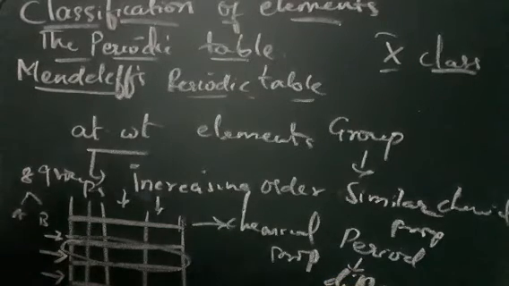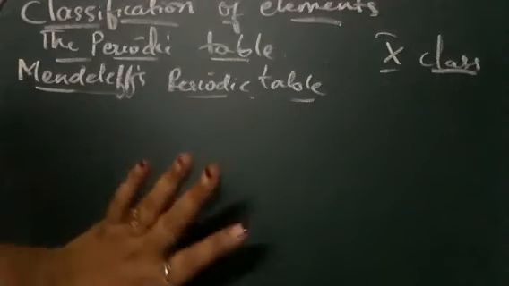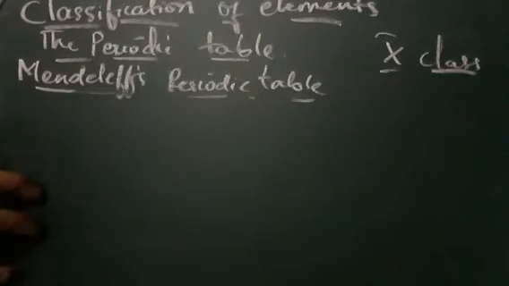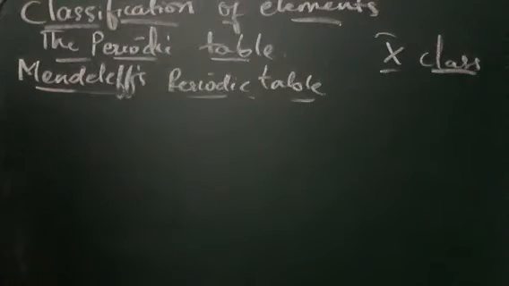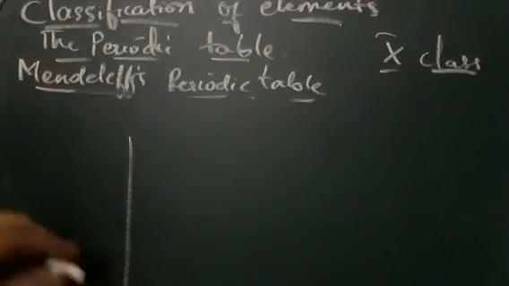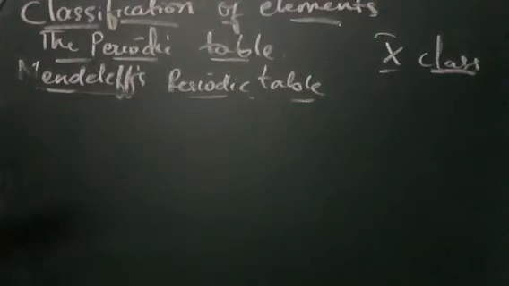This is clear. So what did Mendeleev say? He arranged the elements first in increasing order of atomic weight. Then he said that the elements present in a group have similar chemical properties, and the elements present in a period have different chemical properties.